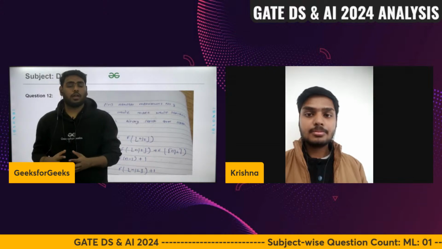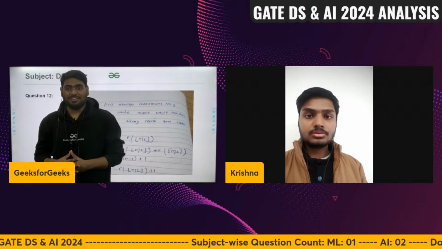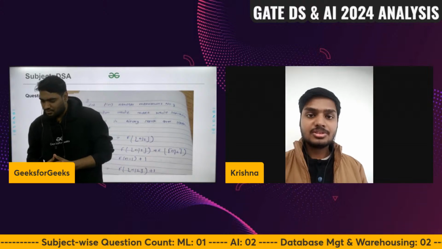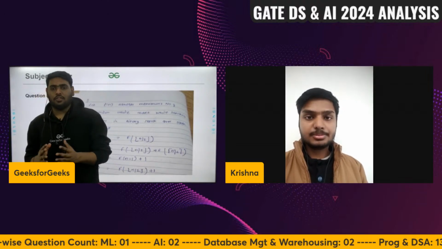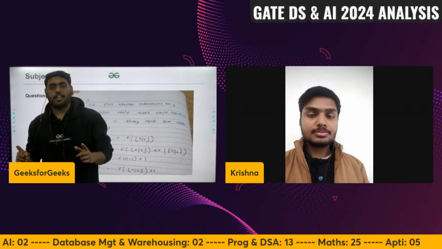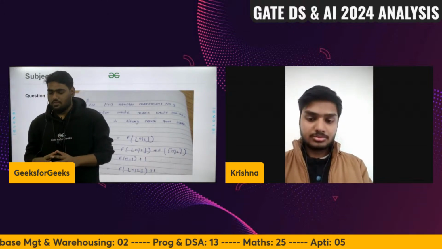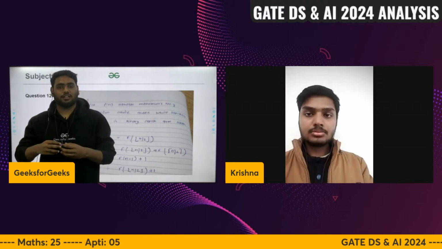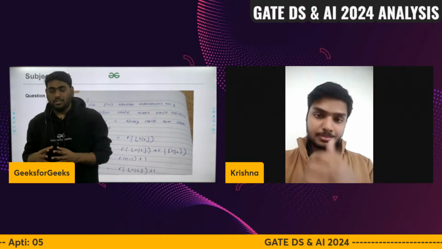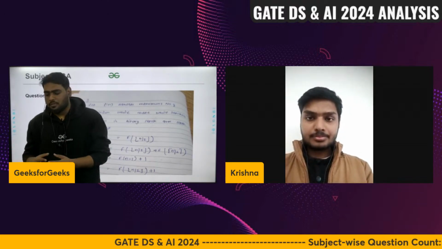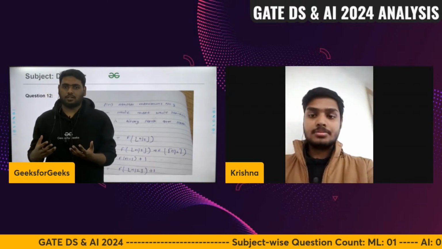But we do have to keep in mind that this was the very first paper, so there is a chance it can go even harder in future. We have to be prepared for the worst. We have to keep all the insights from this session in mind, but we should not assume that DS is going to be easy, because this was the first paper, and we are getting mixed responses.